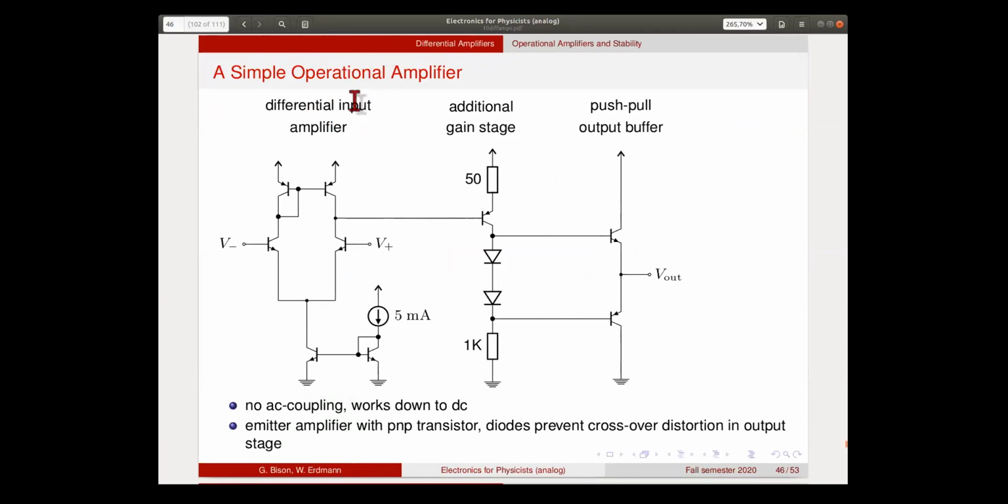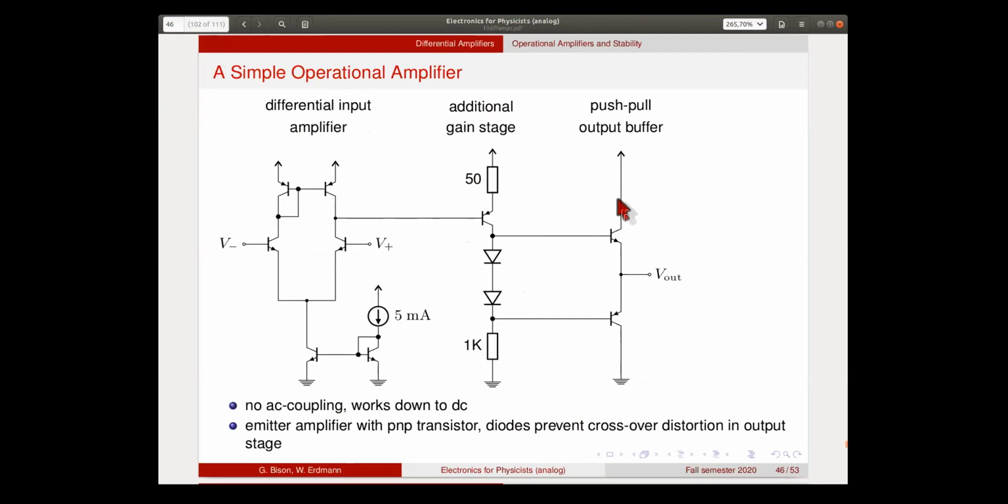So now we have a differential input amplifier, the classic style with the differential pair, current mirror, and some current source biasing. Then we add an additional gain stage here. This is a common emitter amplifier, with these two resistors defining the gain, so the 50 over 1K.